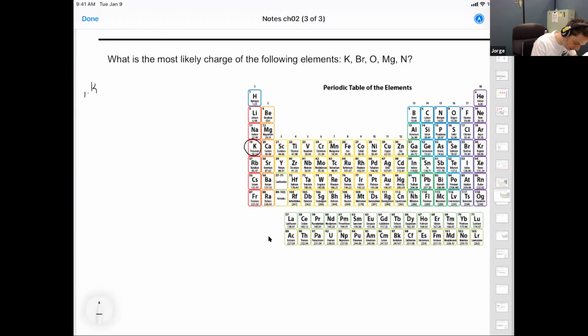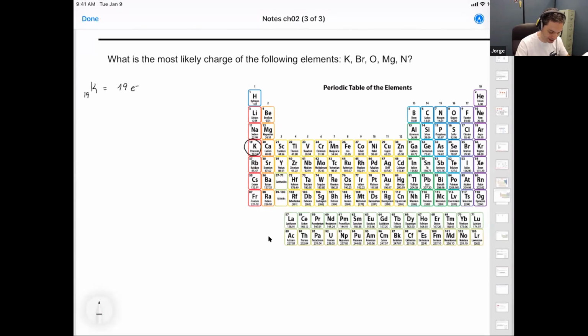The atomic number is 19. Potassium by itself has no charge. Therefore, the number of electrons is equal to the atomic number. Now that you have determined the number of electrons, you can do the electron configuration.